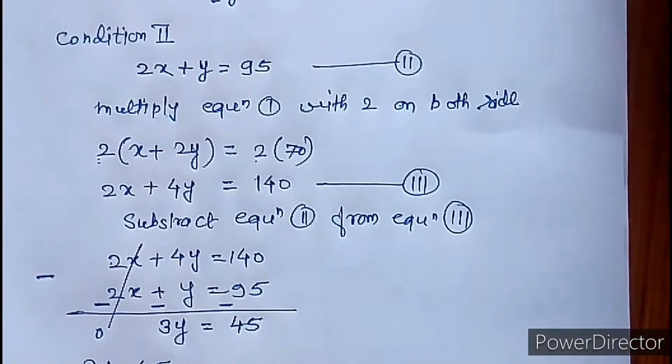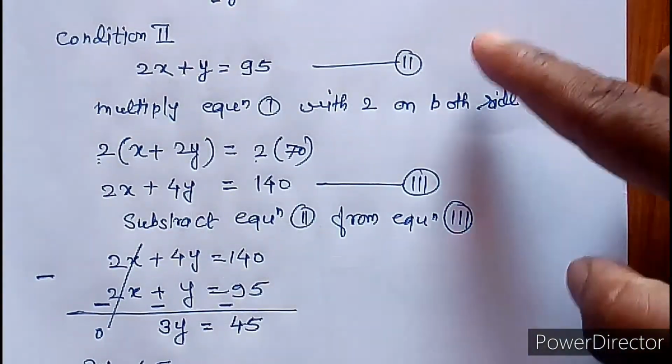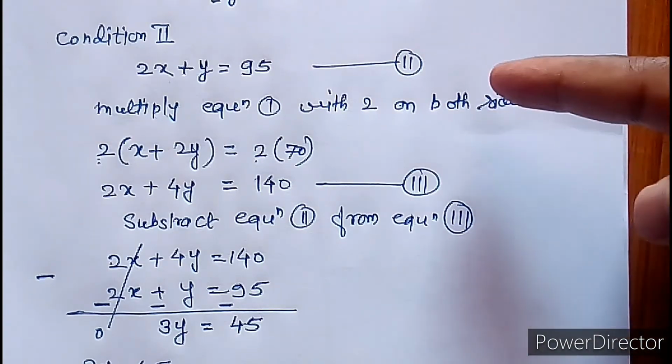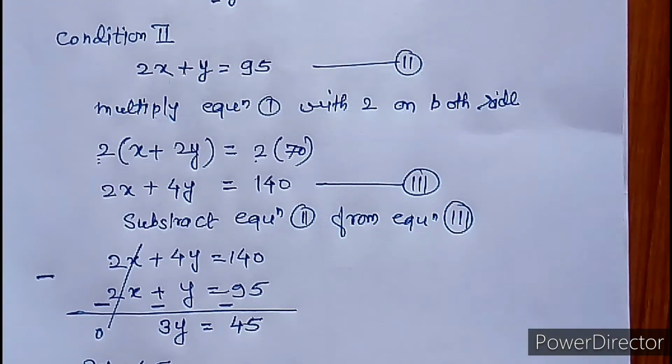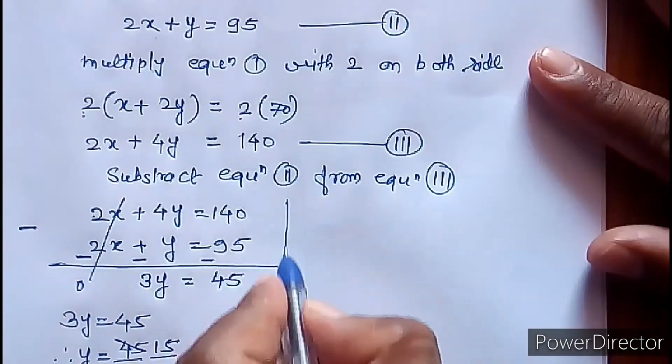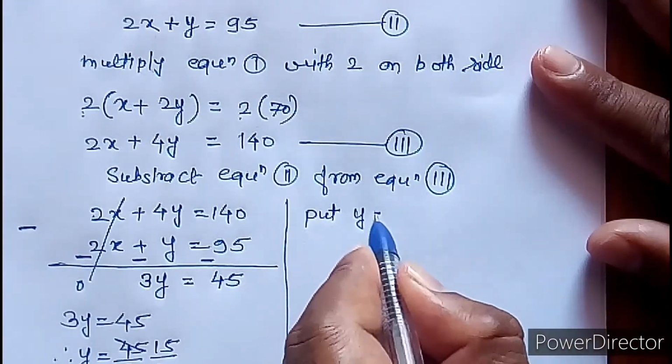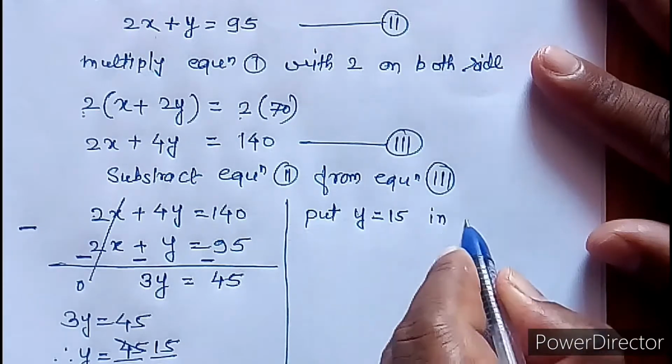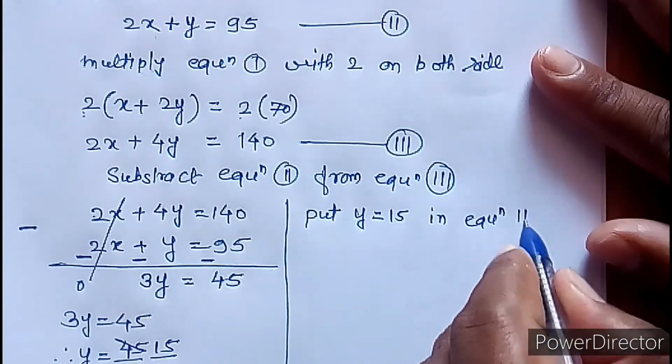Now we can put the value of y in equation 2, equation 3 or equation 1, wherever you feel convenient. We are putting the value in equation 2. Put y equals 15 in equation 2.